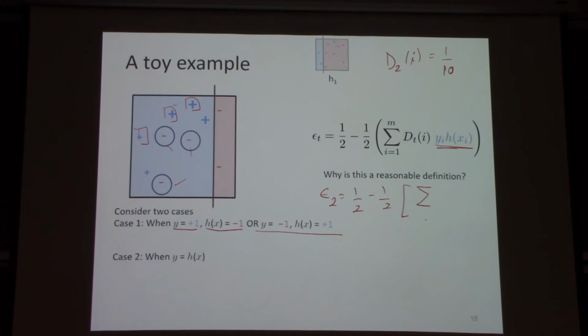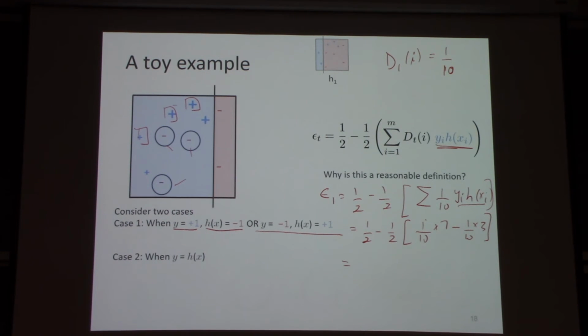Then this would be 1/10 times yi h of xi. Actually, let's compute it in the first round, just to make this clear. In the first round, this would have been half minus half times, there are 7 where this is positive, so 1/10 times 7, minus 1/10 times 3. There are 3 where y times h is negative, which means you made a mistake.